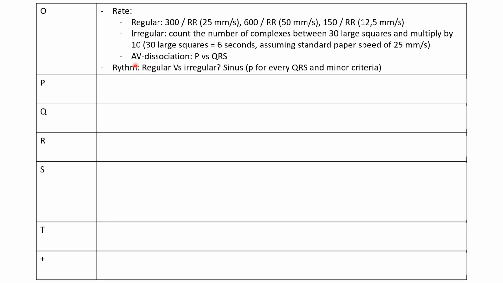Then the rhythm, whether it's regular or irregular, right? And the most common irregular rhythm is sinus arrhythmia. It's when you see the QRSs being spaced further apart as you breathe in and out, and then it comes back when you breathe in, so it goes with your breath.